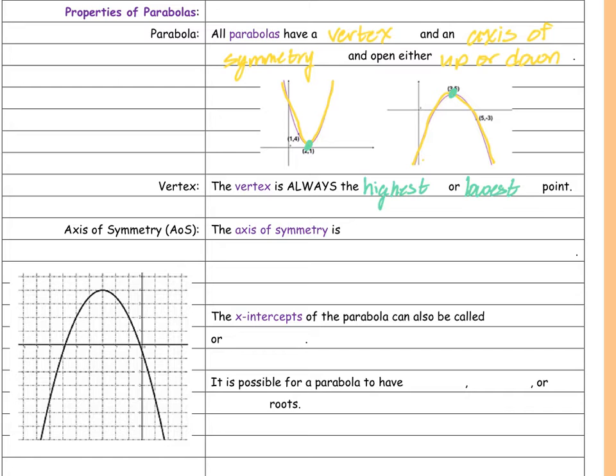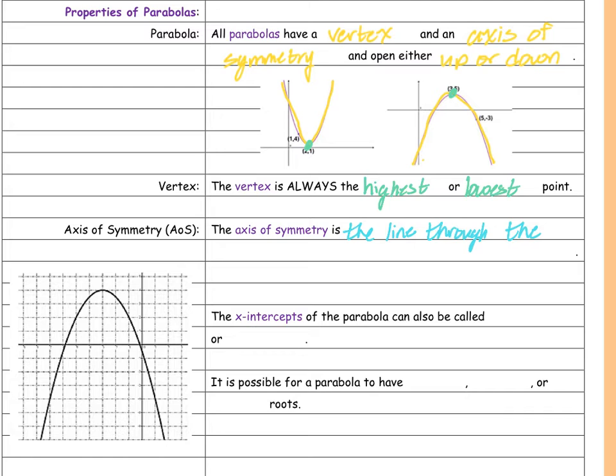Okay, and then the axis of symmetry is, this one's a little longer, so it's the line through, T-H-R-O-U-G-H, through the vertex.